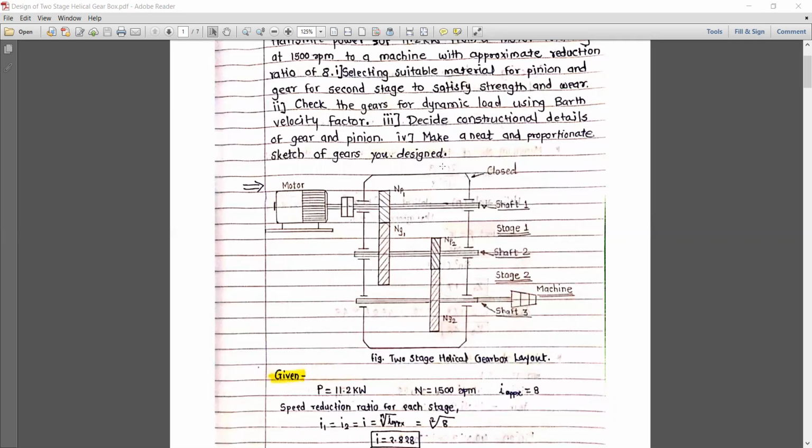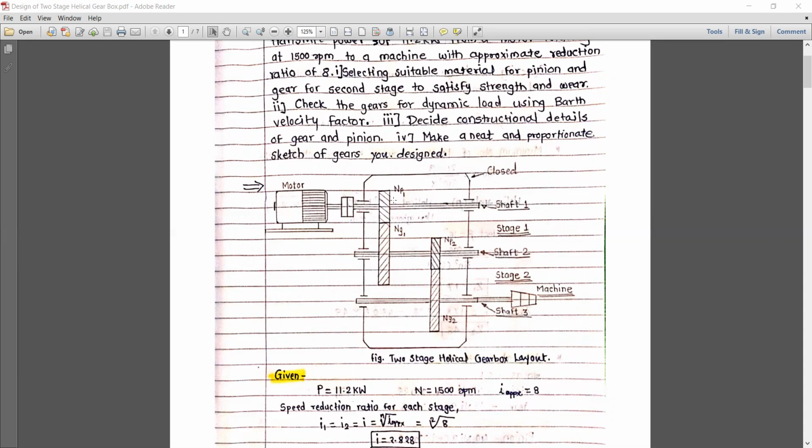Initially, in the figure you can see the appropriate layout for the gear arrangement. The enclosed type of system is used to avoid the wear. Then a motor with 1500 rpm is rotating, which is connected with shaft number 1.